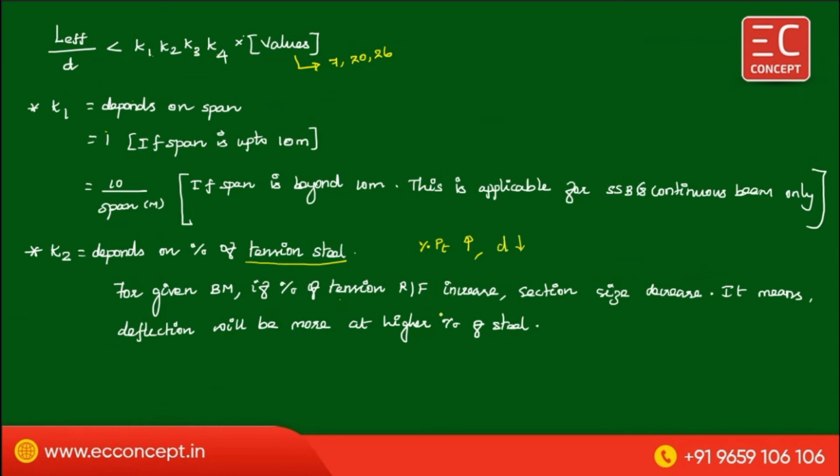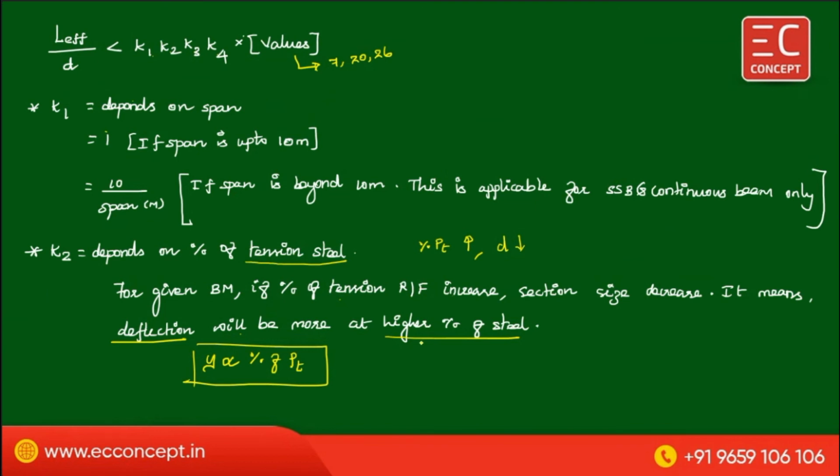It means the deflection will be more at a higher percentage of steel. So we can write that deflection is directly proportional to percentage of tension steel. This is the simple meaning.